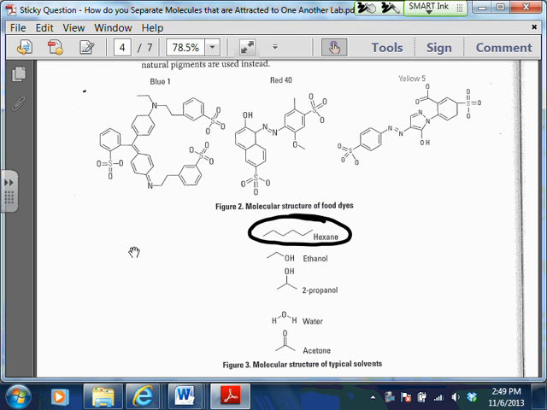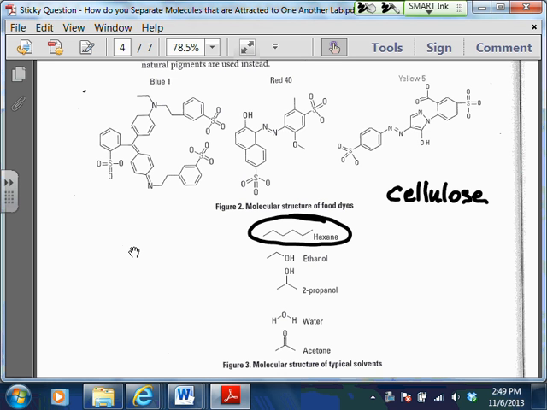What that means is, and actually I did a little bit more digging on this. The filter paper has cellulose in it, which most paper does. But the cellulose actually has a thin layer of water in it, okay? So that's why the water travels up the paper, because it's essentially attracted to the water in the cellulose itself, okay?